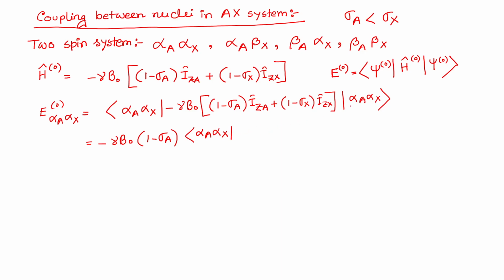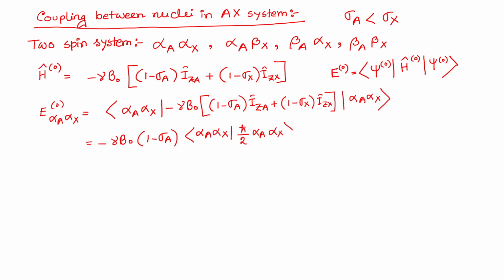So the first IZ, when operating on the whole thing, will give you H cut by 2. Alpha A will remain alpha A, and alpha X will remain alpha X because the operator doesn't work on that, right?